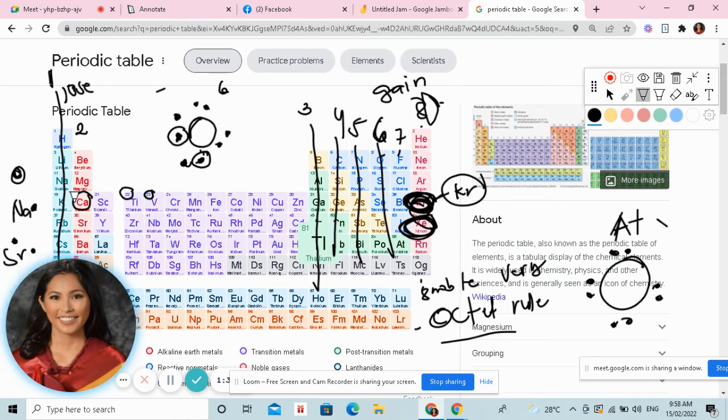It will lose its 2 valence electrons to become isoelectronic with argon. As you can see here, 20 minus 2 is 18, and that is argon. So calcium has to lose 2 electrons to become isoelectronic with argon.